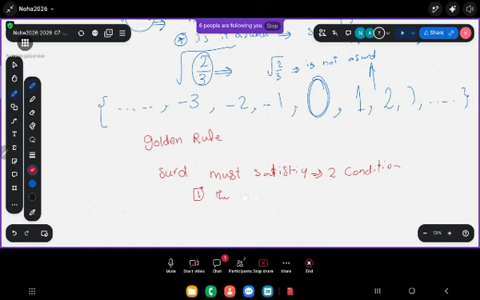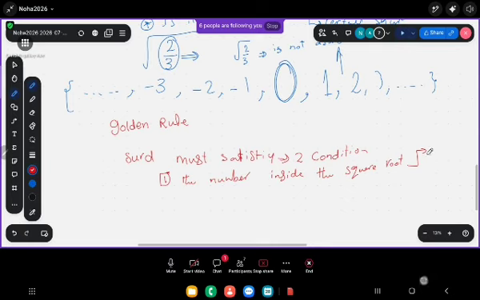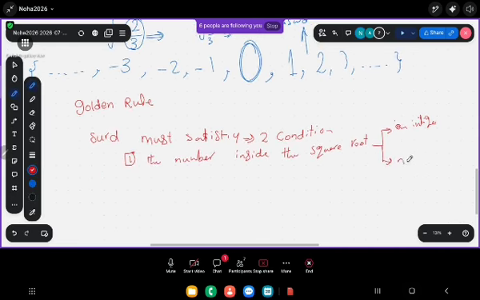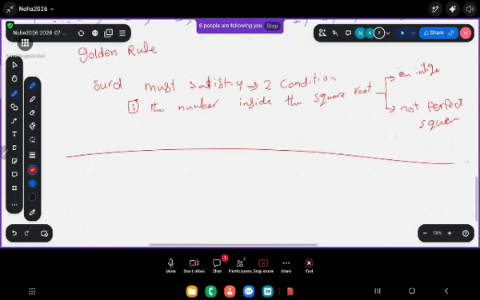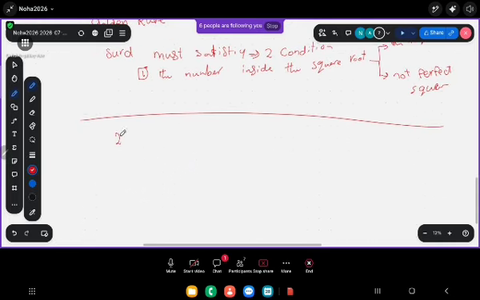The number inside the square root is an integer, and the other thing, it must be not a perfect square. What is the meaning of not a perfect square? It means it's not a product of twins. Now, can we get the next one? The next concept we are talking about is the exact value.